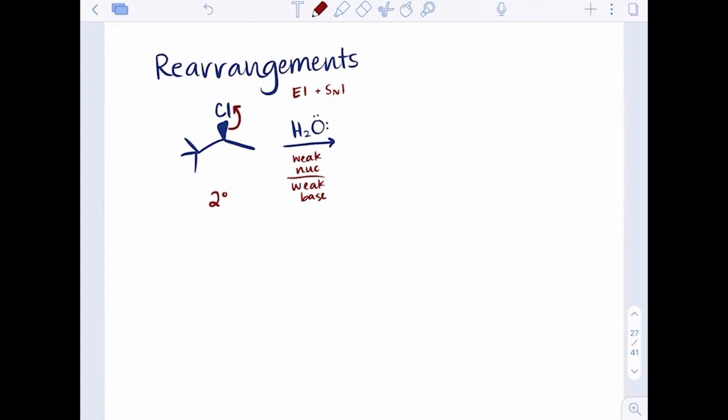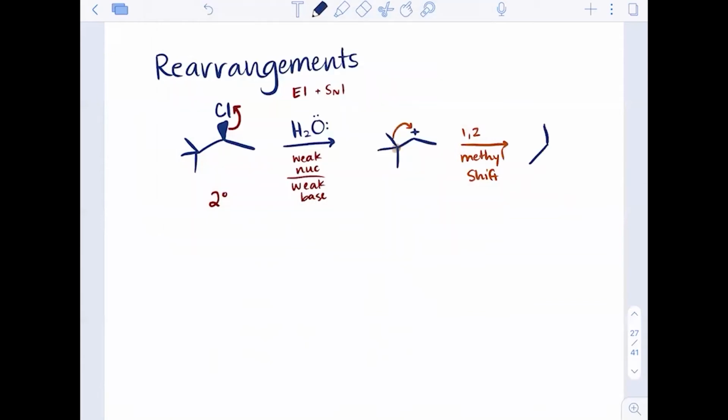But notice after step number 1, my loss of leaving group, I have a secondary carbocation, and adjacent to it, right next door on what would be my beta, there's a more substituted center. So all those carbocation rearrangements that we had before, 1,2 methyl shifts, 1,2 hydride shifts, they can occur here.